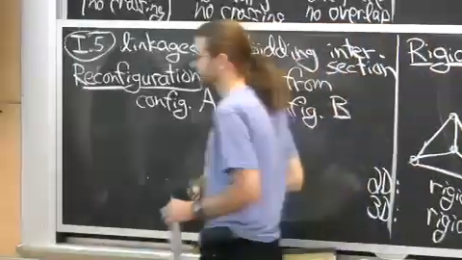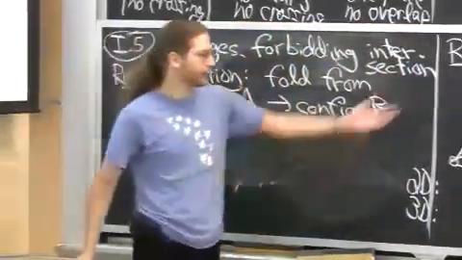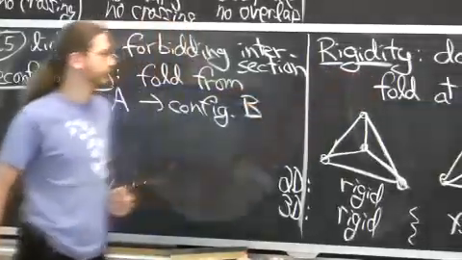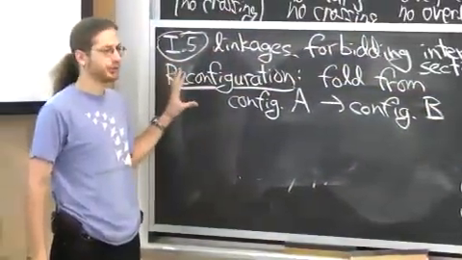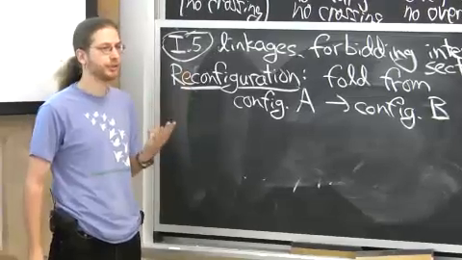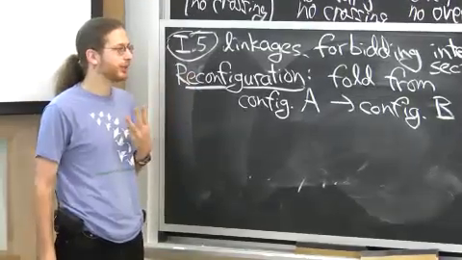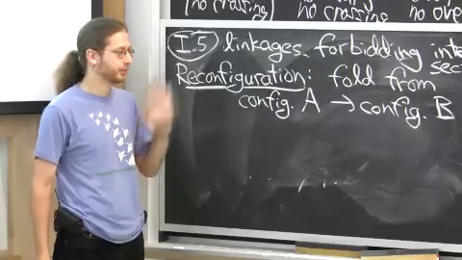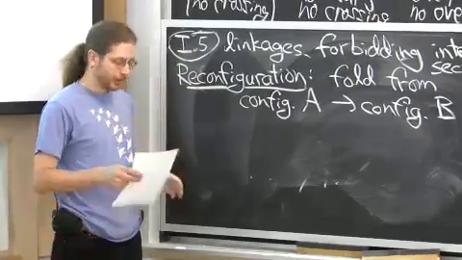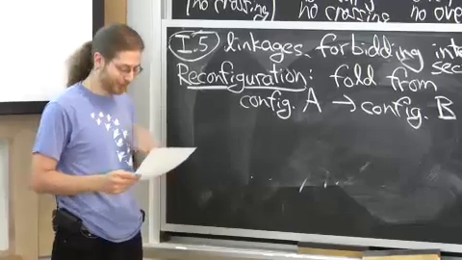Sometimes yes, sometimes no. It depends. Sometimes it's not foldable at all, even when you allow intersections. So this is a pretty open-ended question. In general, it's computationally intractable. If I give you a linkage in two configurations, to decide whether you can go from A to B is, for the complexity theorists, PSPACE-complete. Talk about what that means later. Really, really hard is the short version.